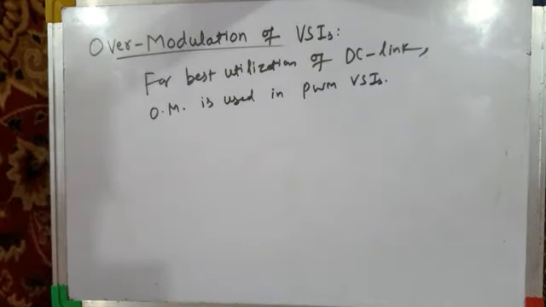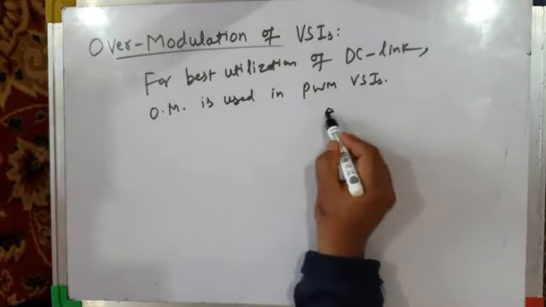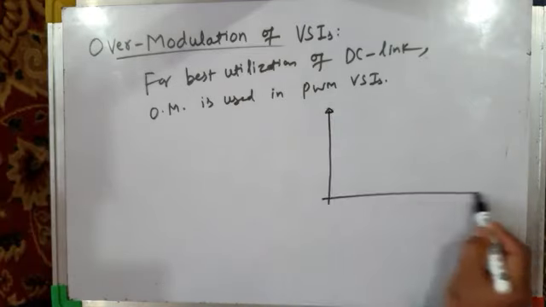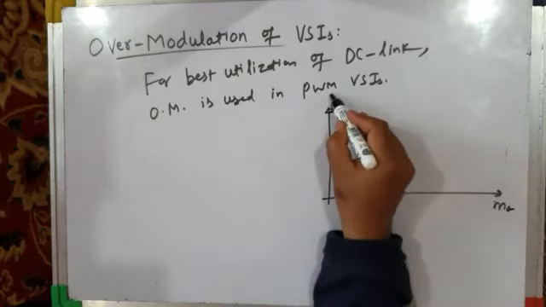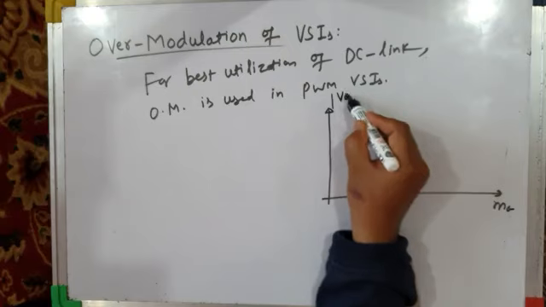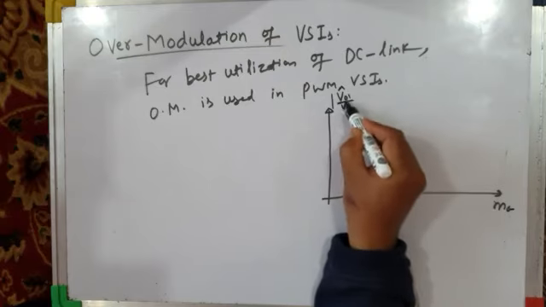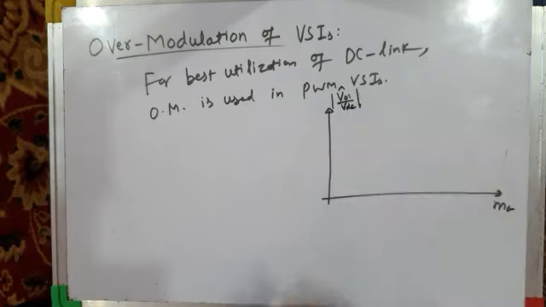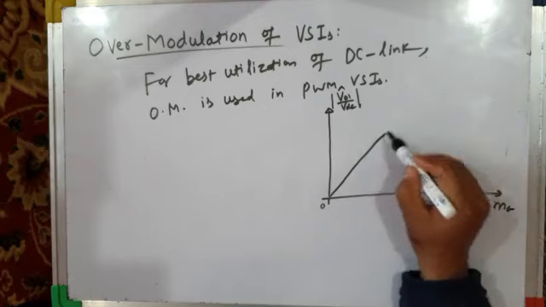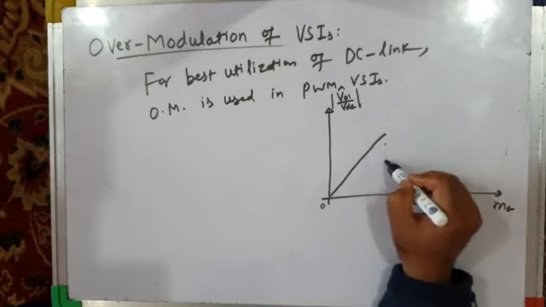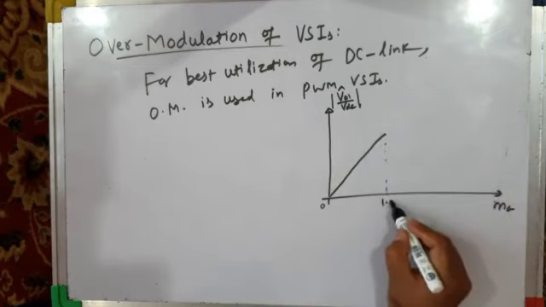We go for over-modulation. If you remember, for single phase PWM voltage source inverters, I had shown you a graph between modulation index and inverter output voltage. This is the peak value of the fundamental component of inverter output voltage normalized with respect to the DC link voltage or DC bus voltage. It was a linear graph up to a modulation index of unity.